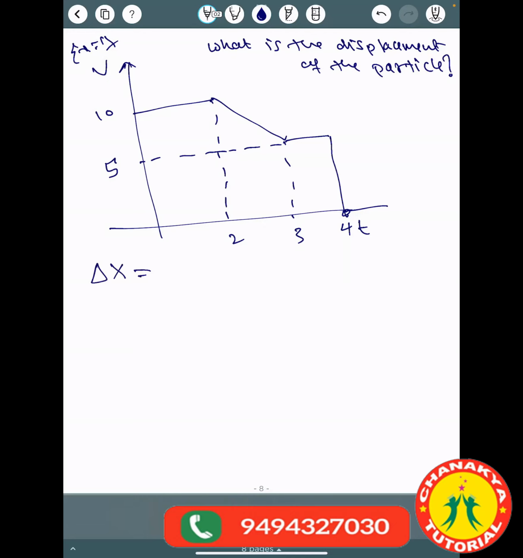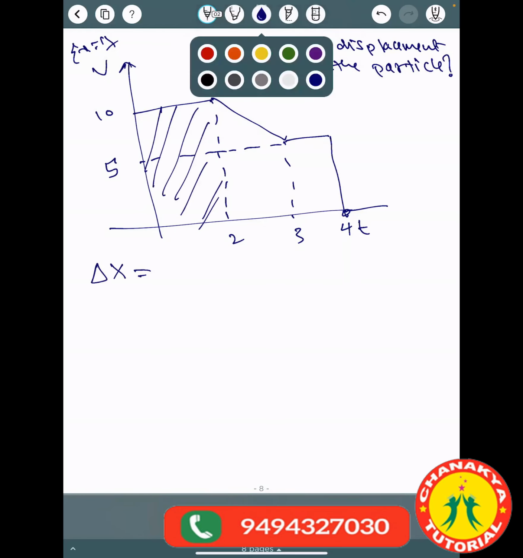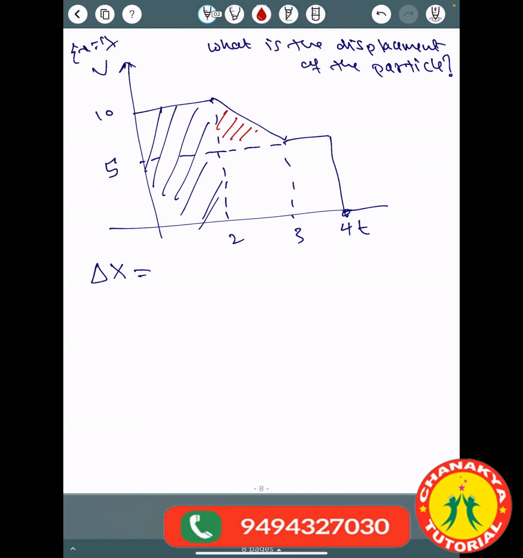First you divide the figure into rectangles, triangles, however you want. So I will divide it into this big rectangle, then this triangle, then this rectangle, and then again this rectangle. So what is the area of the first rectangle? 10 times 2, plus the area of this triangle, half, base is 3 minus 2, that is 1, height of the triangle is 10 minus 5, that is 5.